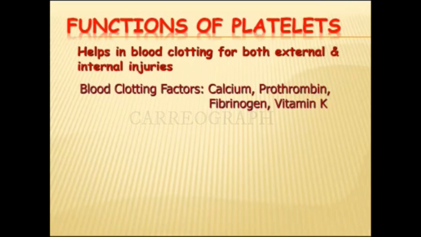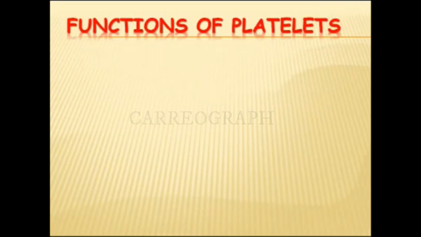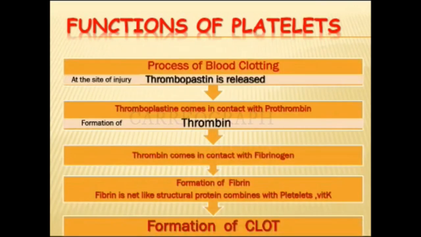Now friends, we will see the process of blood clotting. When there is any injury, thromboplastin is released at the site of injury. When this thromboplastin comes in contact with prothrombin and calcium, thrombin is formed. And when this thrombin comes in contact with fibrinogen, fibrin is formed.